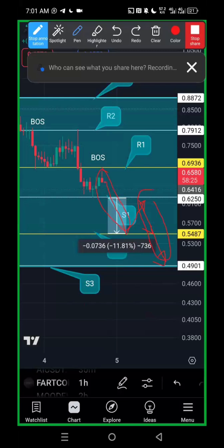So you're going to make sure that you measure this distance again. If you see that before it goes down again there's a retracement, then it would have sold.